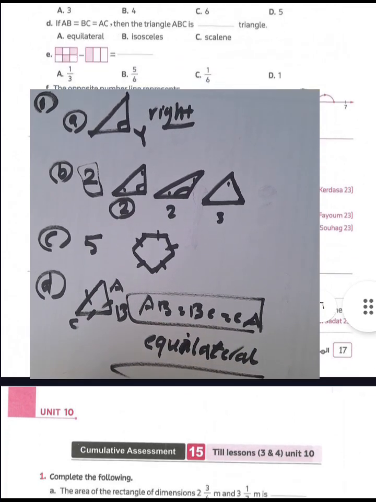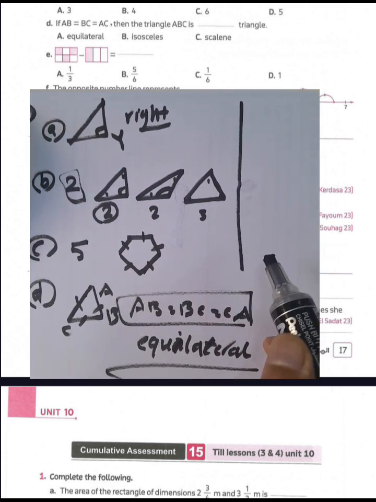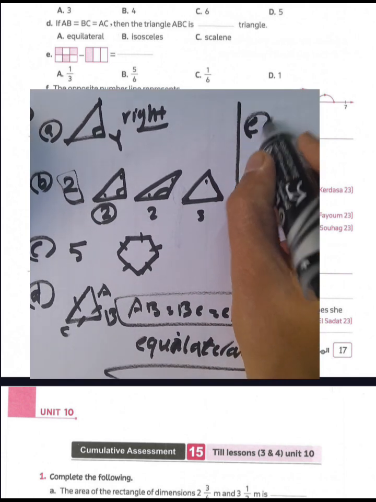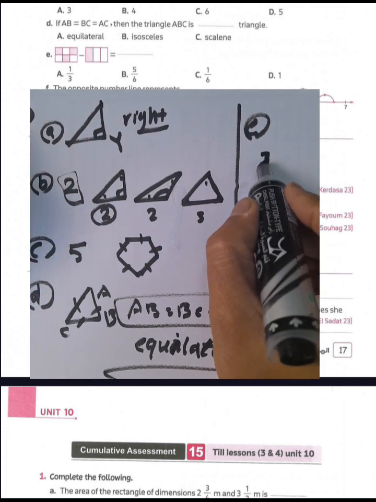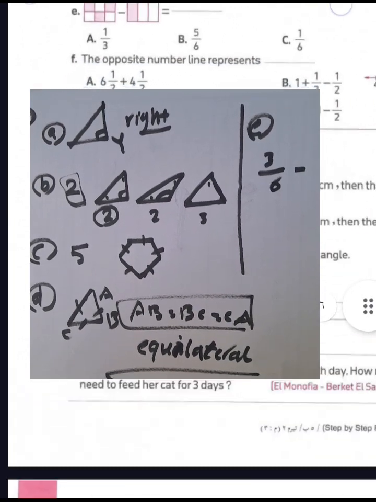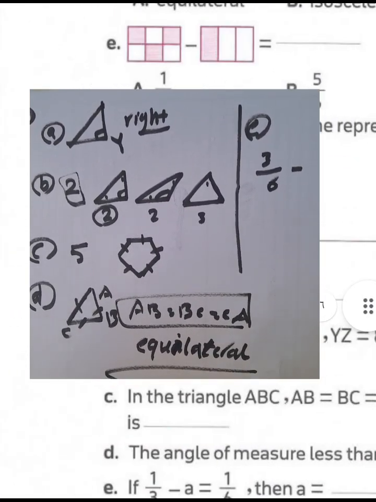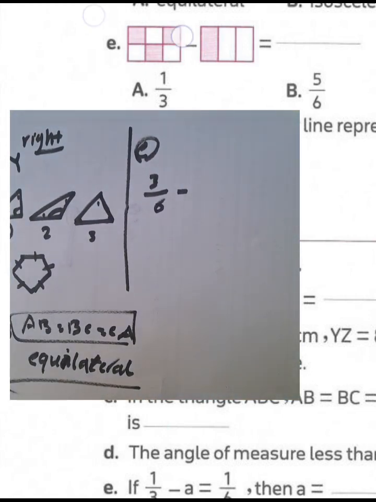Question letter E, we want to find the difference between two fractions here. We have 3 parts colored from 6 parts. Count with me: 1, 2, 3.